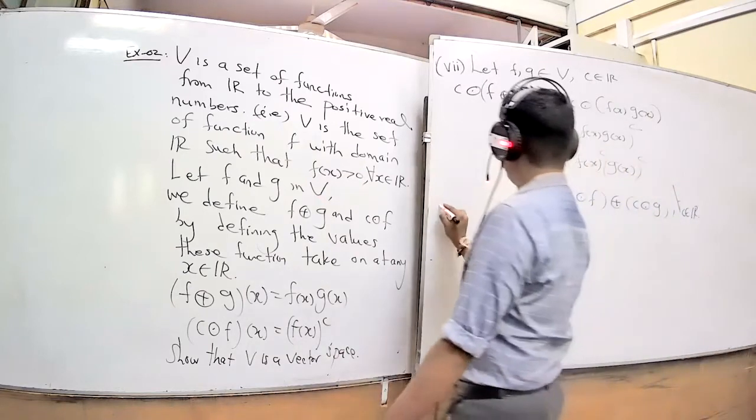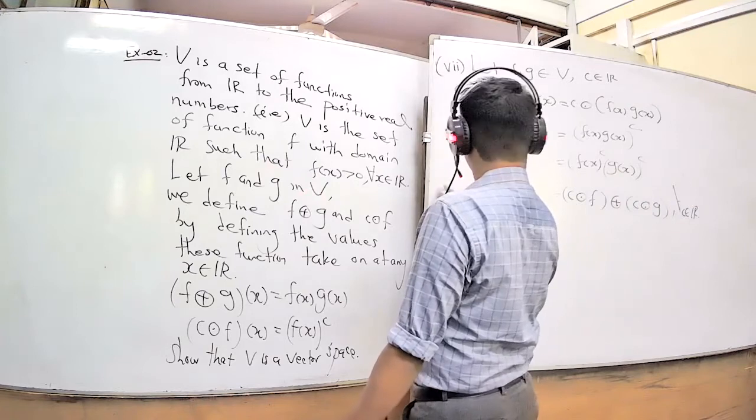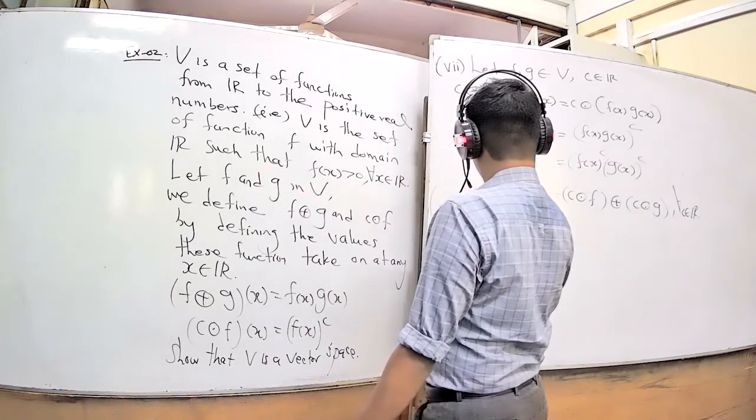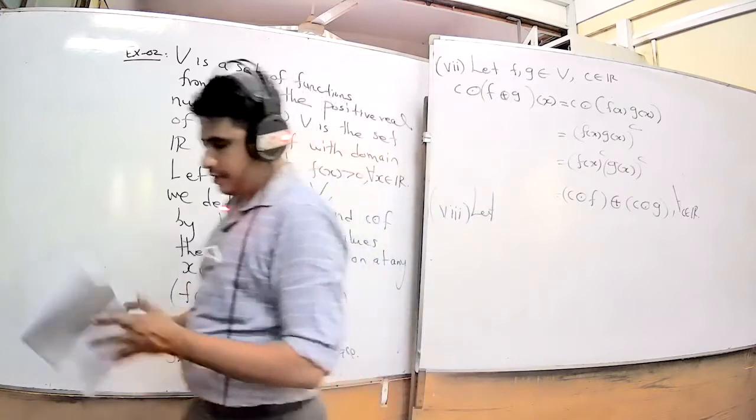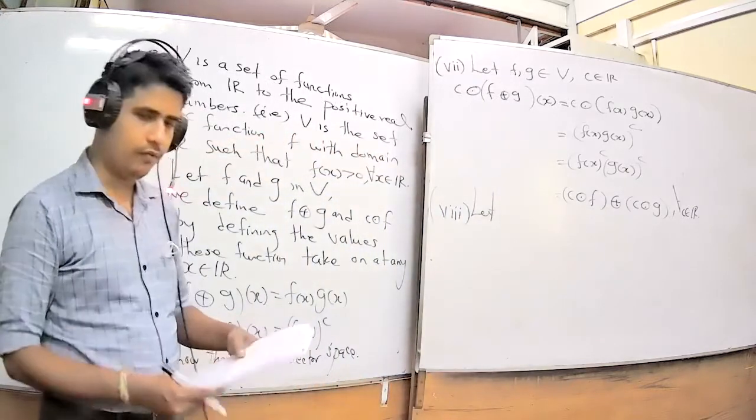Next, property number 8. Take 2 scalars and 1 vector.